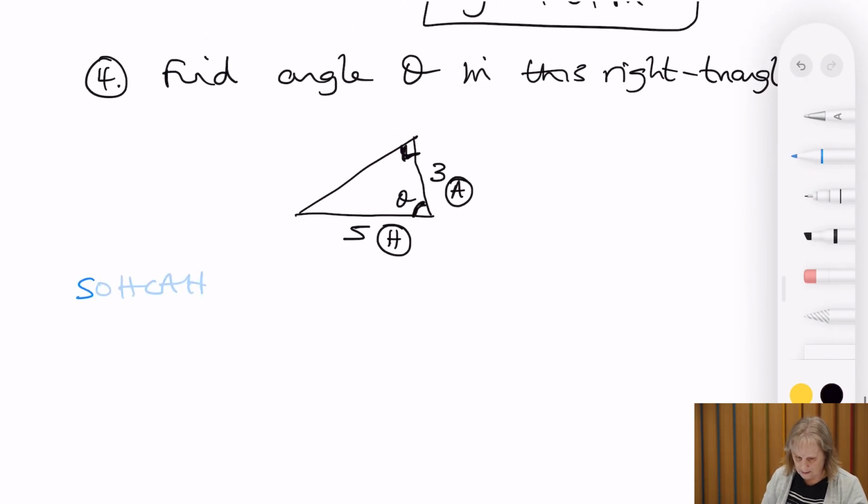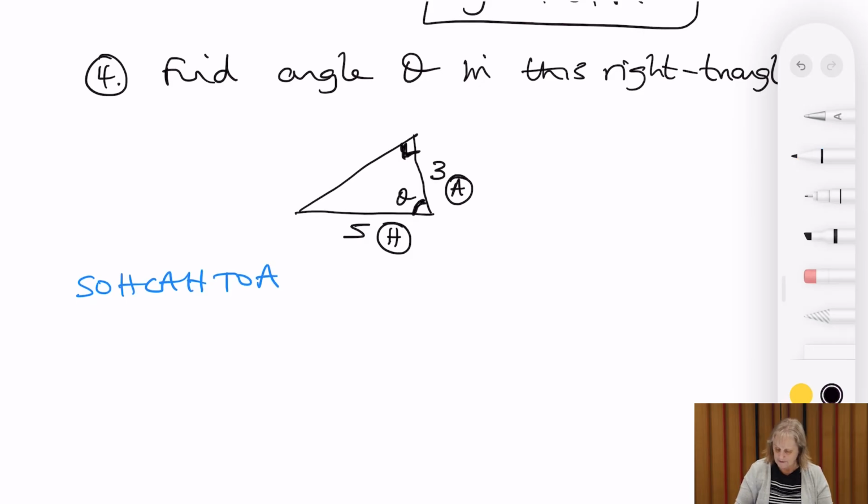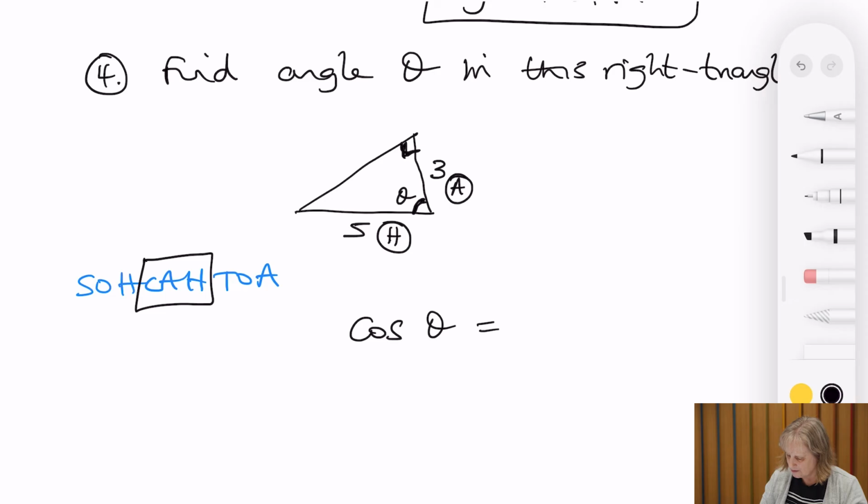So again, using SOH-CAH-TOA, we have the adjacent and the hypotenuse, and we want to find the angle. So what connects adjacent and hypotenuse must be cosine here. So we know cos of theta equals adjacent over hypotenuse.